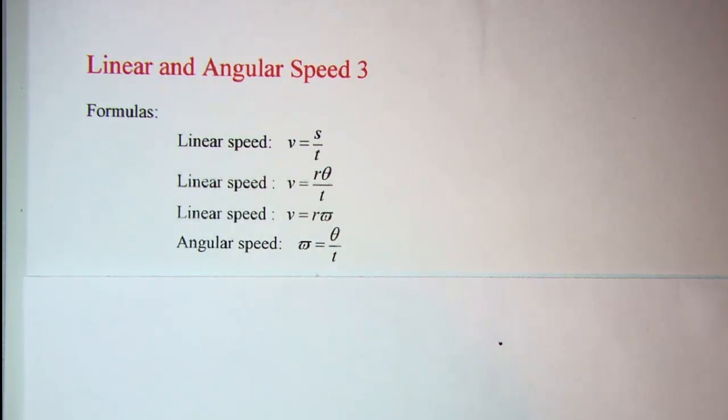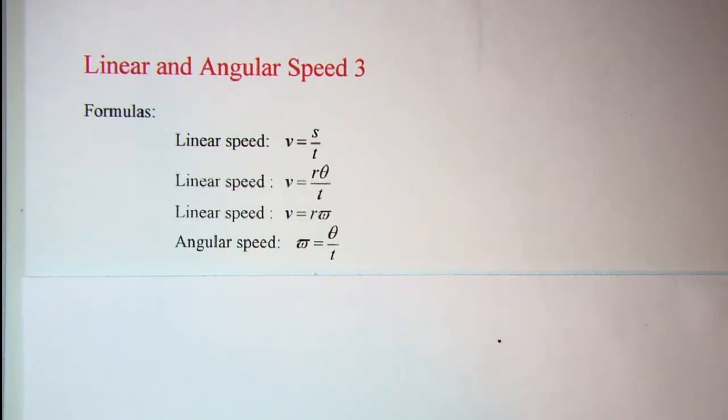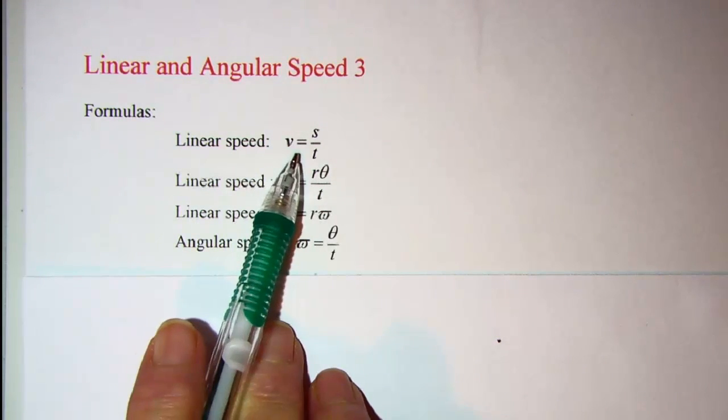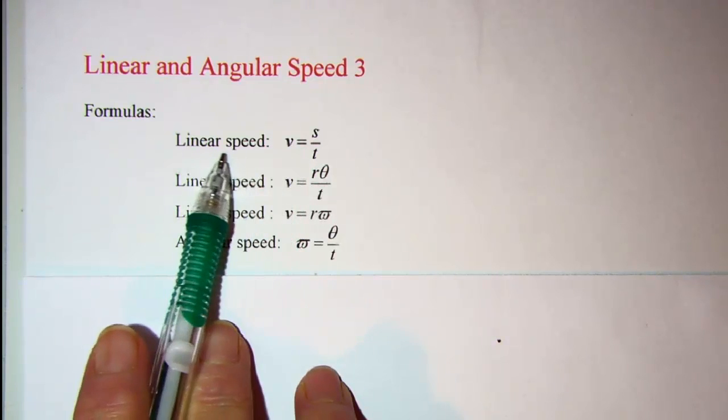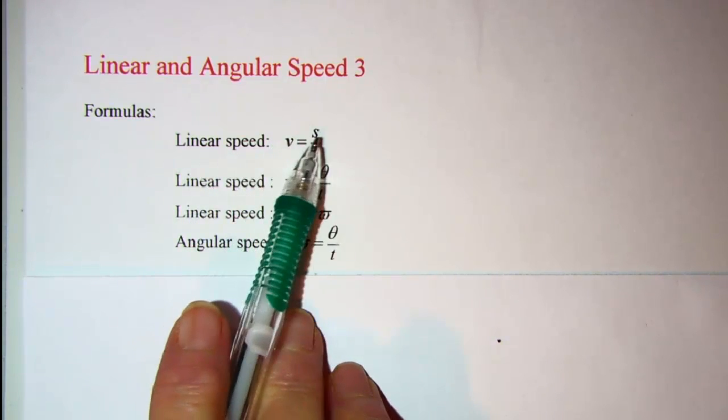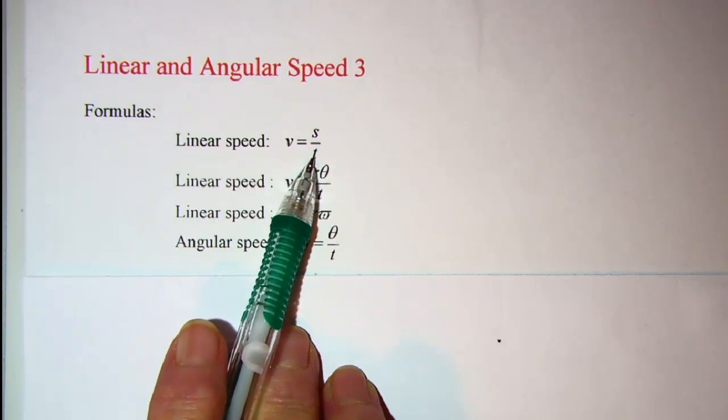In this video, we'll be looking at another example of linear and angular speed. Our formulas that we can use: linear speed is equal to arc length divided by time.